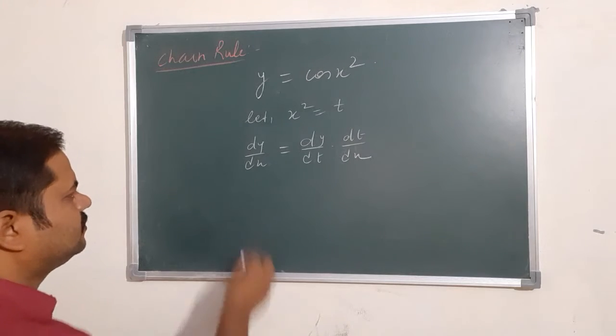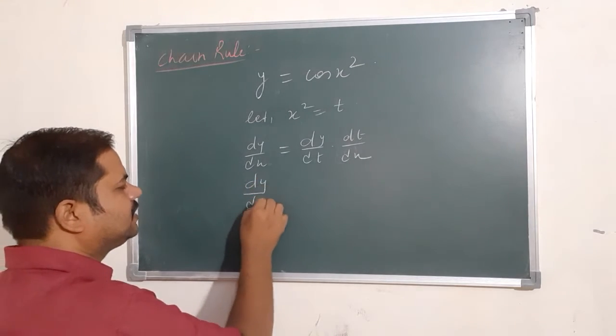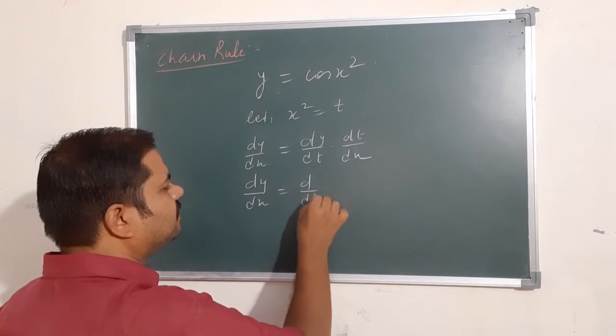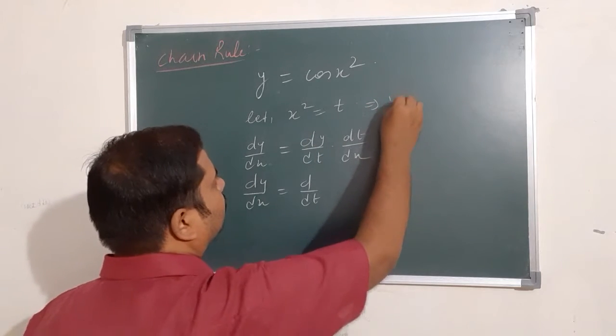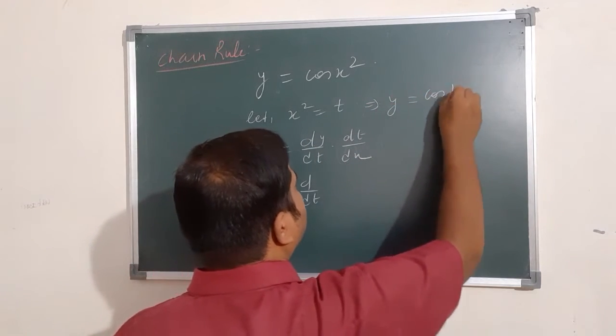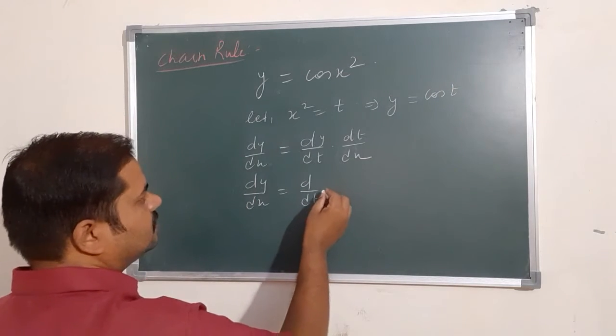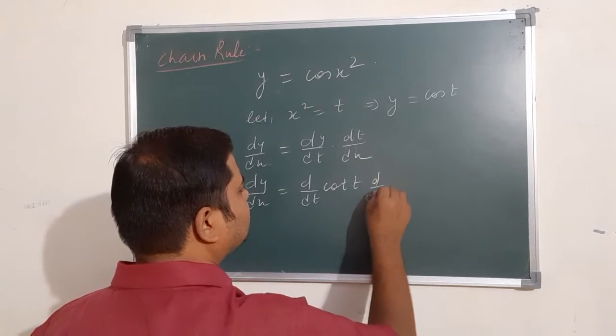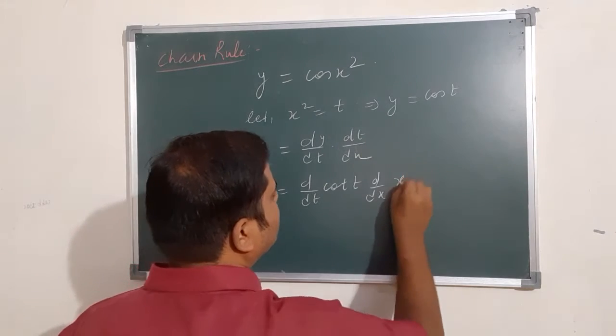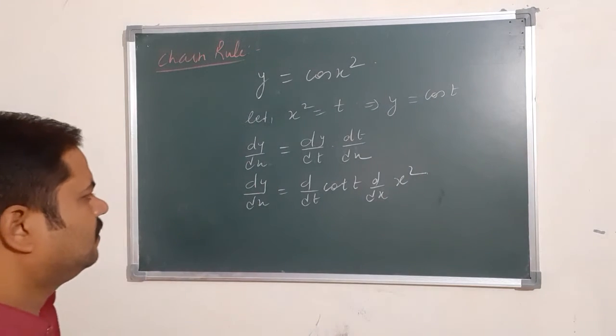Y is equal to cos t, so d by dt of y is minus sin t, and d by dx of x square is 2x.